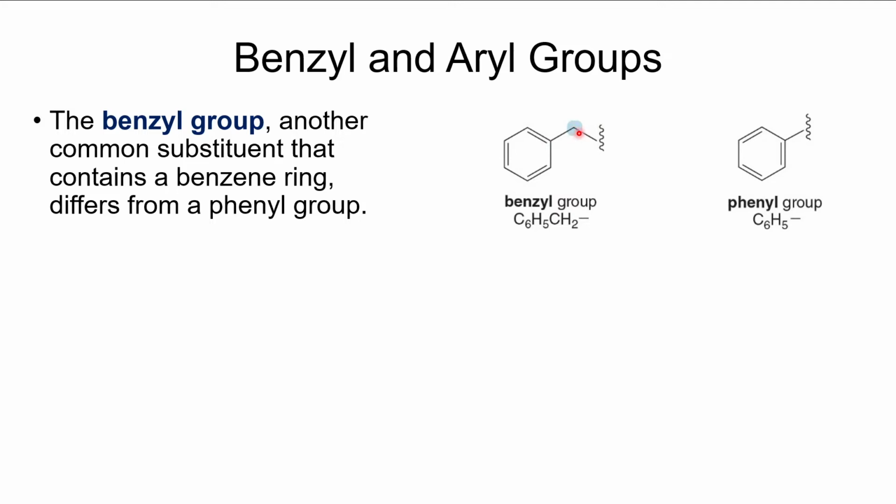We're going to see all kinds of examples where we can do reactions at that benzyl carbon that we wouldn't be able to do on a normal sp3 hybridized carbon. So you want to be able to differentiate between the benzyl and the phenyl. And in case you're curious, if you want to abbreviate the benzyl, so we have Ph for phenyl, you can abbreviate benzyl by putting uppercase B, lowercase n. I say that because I don't want you to use Bz. We use Bz for benzoyl. We'll get to that one later, but that one involves a carbonyl.